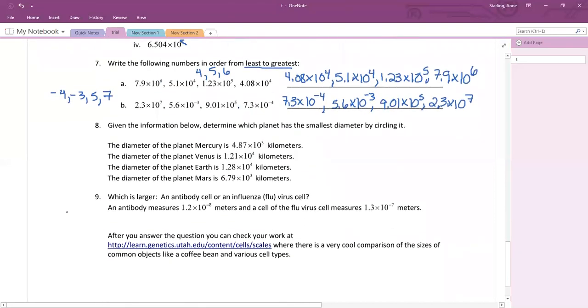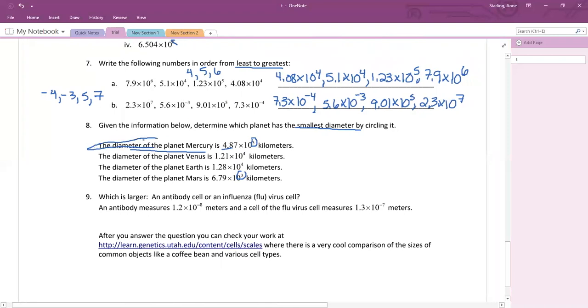And then finishing up our question, which is the smallest, means we're looking for the smallest number in the exponent, and then the smallest if there's a tie. So Mercury is going to be our winner here for smallest diameter.